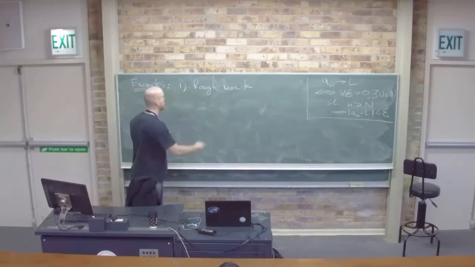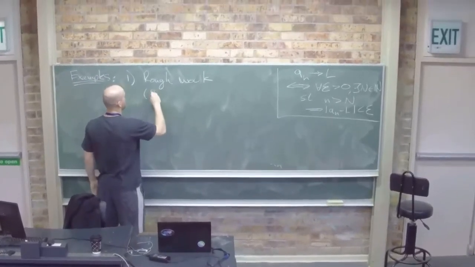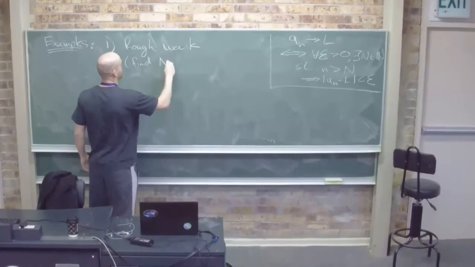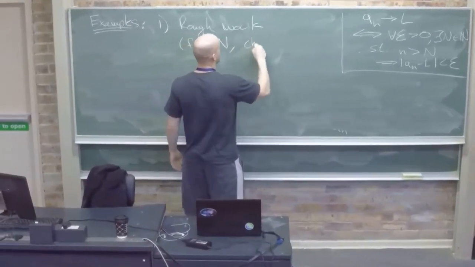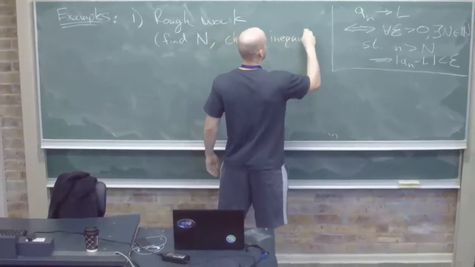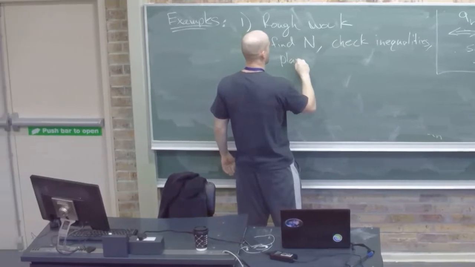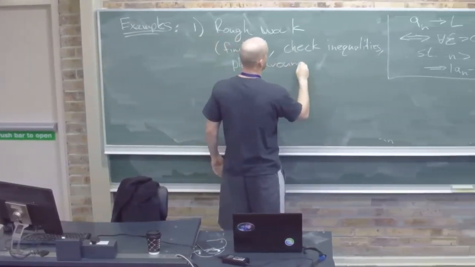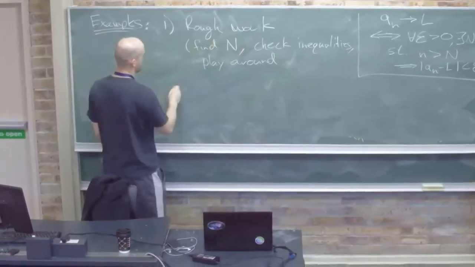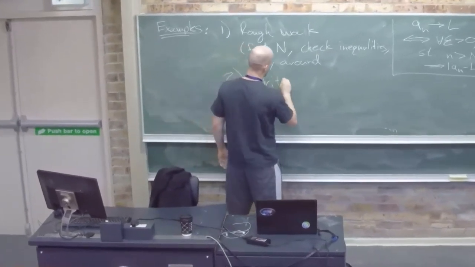So: 1, rough work, which means find n, check inequalities, play around. And 2, we write a formal proof.